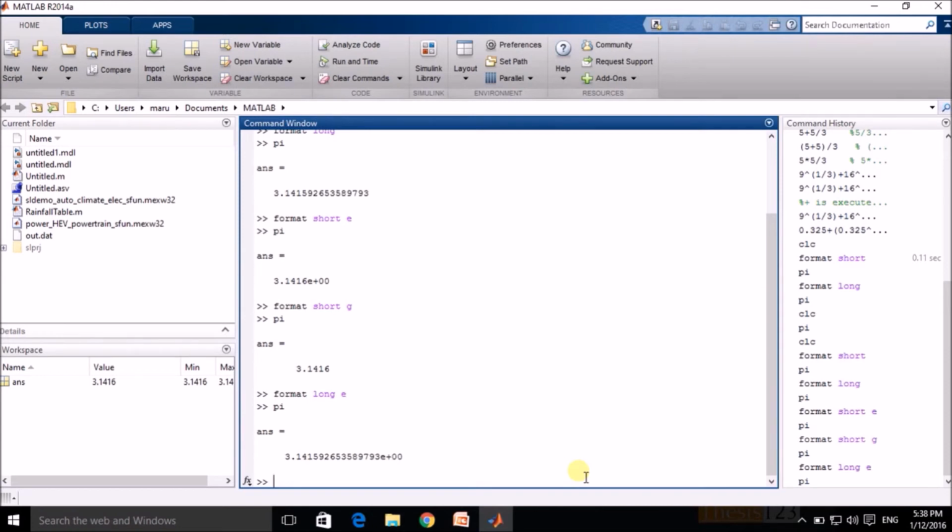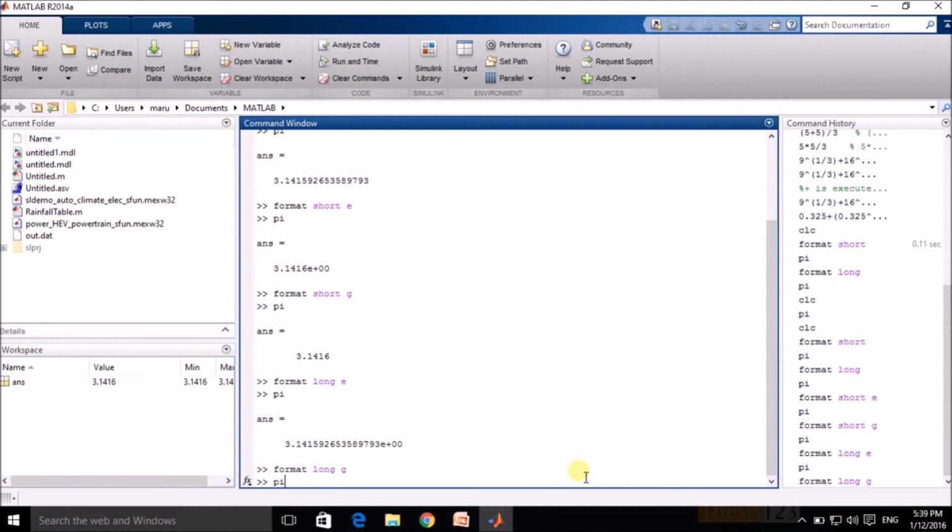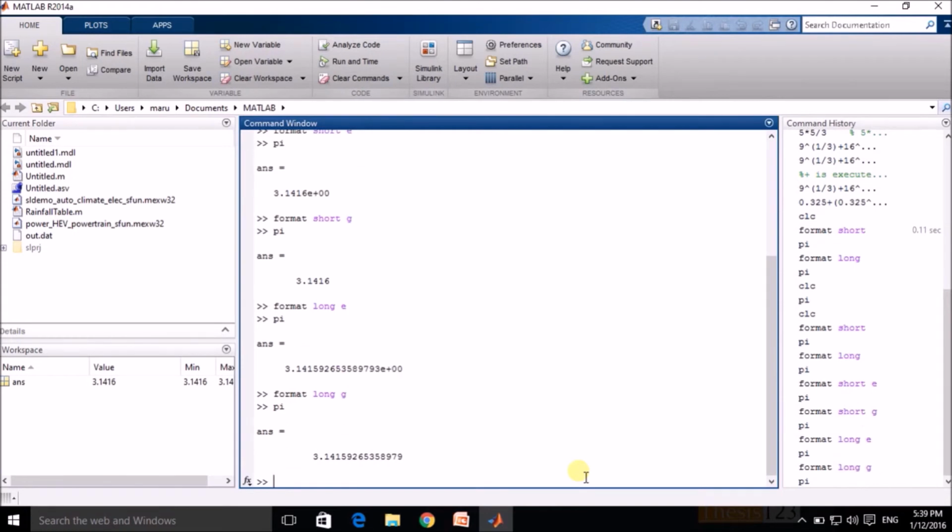This is the difference between short and long, that is, for single and double precision. Simultaneously we have one more thing here, format long G. Also the pi value, the best of fixed or floating format with 15 digits.